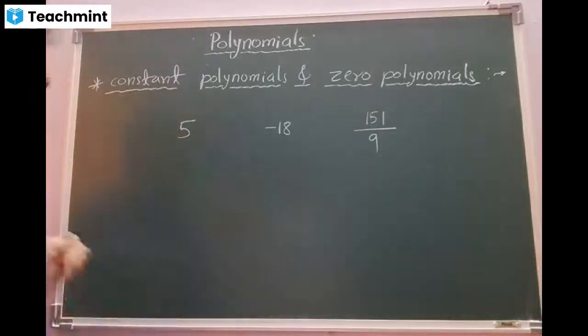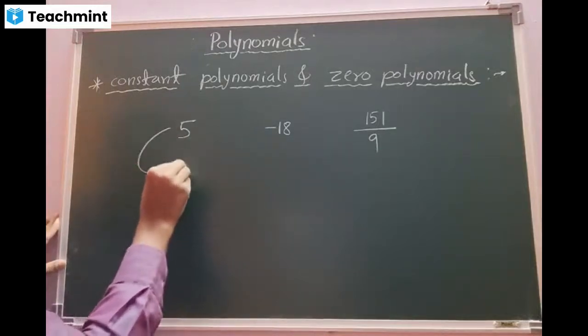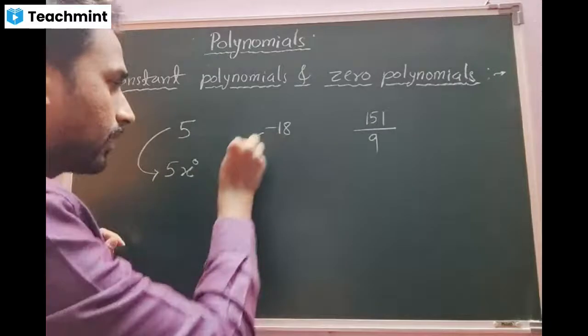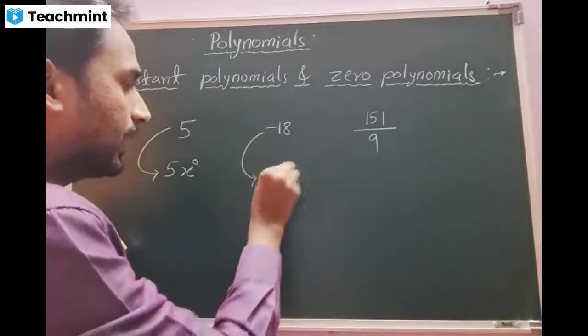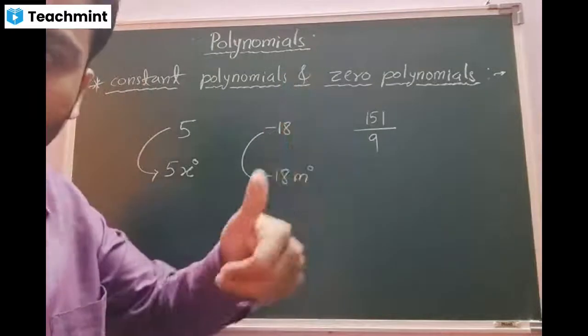This is the answer for this. This 5 can be written as 5 into x to the power 0. Am I correct? This minus 18 can be written as minus 18 into x to the power 0. Any variable you can take, whichever you want.